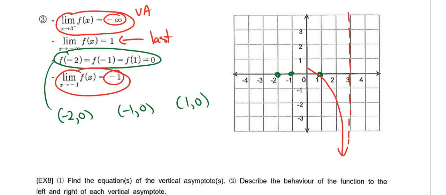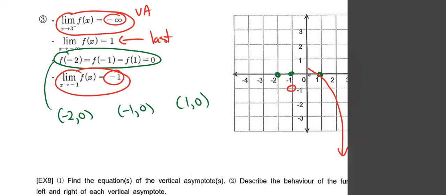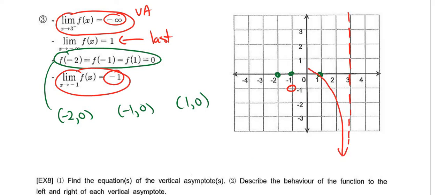So that means the graph needs to go through this height over here somehow. So maybe I'll go like that, and like that. Okay, so that just confirms that the left-hand side and the right-hand side both approach a height of -1 there, so that satisfies that condition.